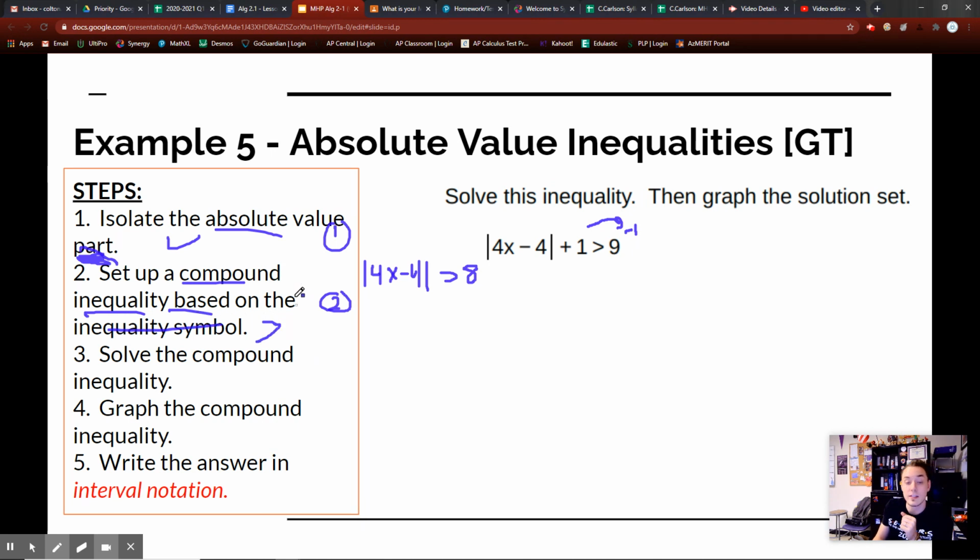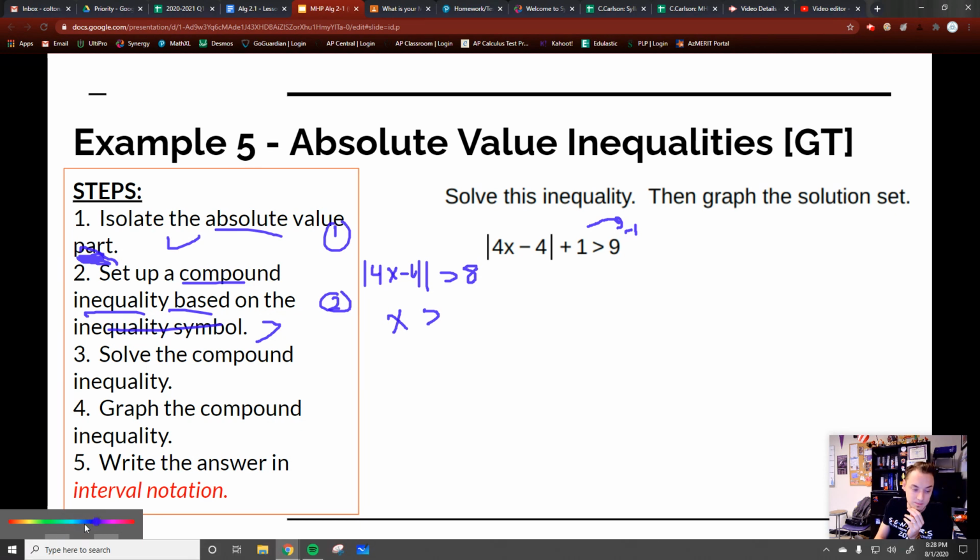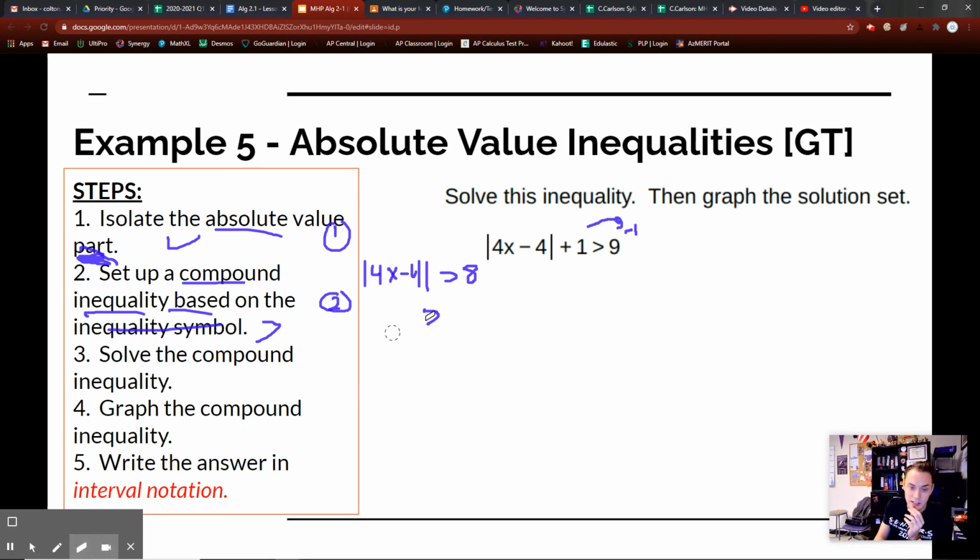Well, we are using greater than signs. So again, I'll write down the formula here. I have the same thing, so my first equation can be the exact same thing, 4x minus 4.